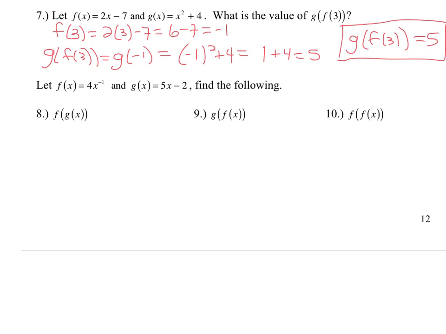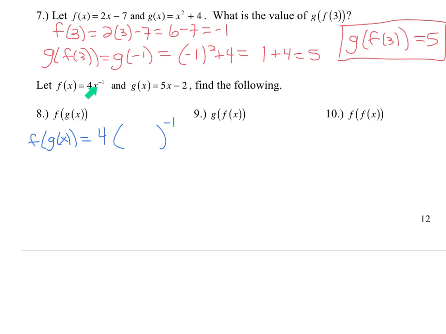Now, when you're doing a composition of functions with the actual function, rather than evaluating for a specific value, we can't break it up. We have to take the whole expression and substitute it into the other function. So here where it says f of g of x, f of g of x means that in my f function, I'm going to replace the input, the x, with g of x.